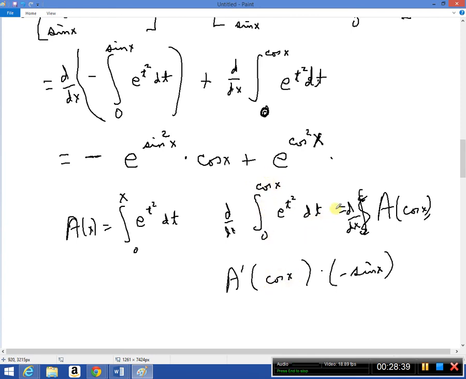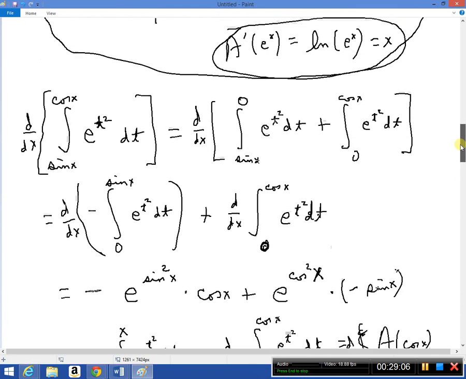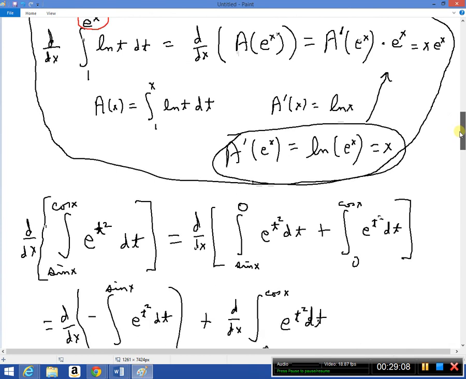So that's why you're getting this e to the cosine squared of x. But then the chain rule says you're going to have to multiply by the derivative of what's inside there. So that's where this other minus sine of x comes from. Okay, the exercises will walk you through that, and we'll do these in class for sure on Friday. But you need to be able to do that one for the quiz.